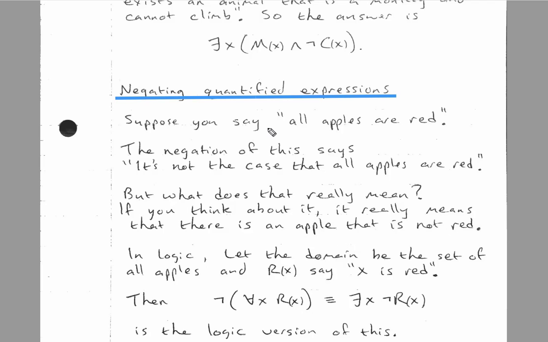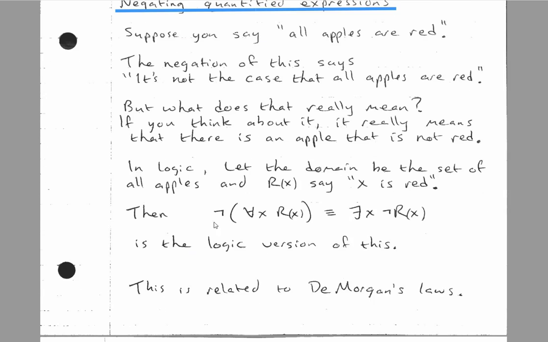Okay, so for negation of for all, you need there exists. So in logic here, let r of x say x is red, our domain is the set of all apples.